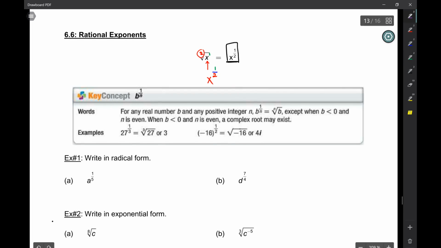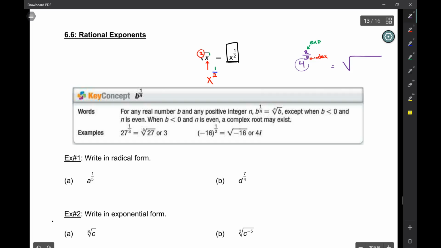So for example, if you have 4 to the power of 2/3, the denominator is always the index. The numerator is always going to stay as an exponent. So we can rewrite this as a root.